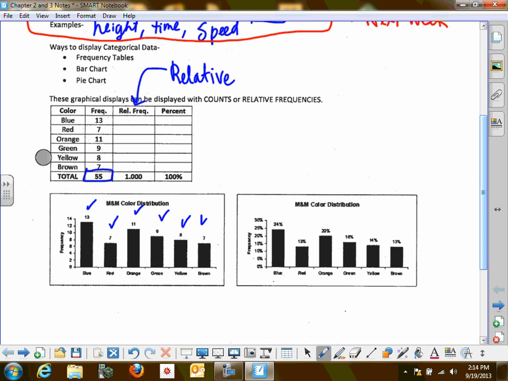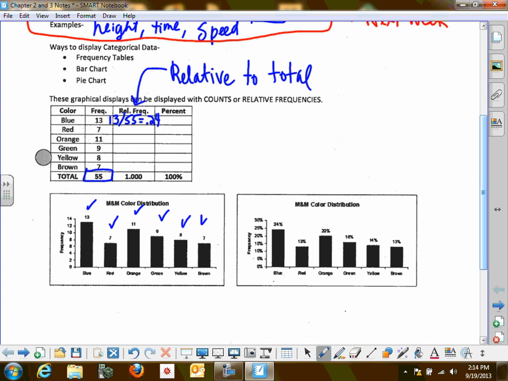Relative to what? It is relative to a number. What number? Well, it's relative to the total, so that we can get a decimal. All these then come up to decimals that total up to 1. So, the blue relative frequency is 13 out of the total 55, which is 0.24.